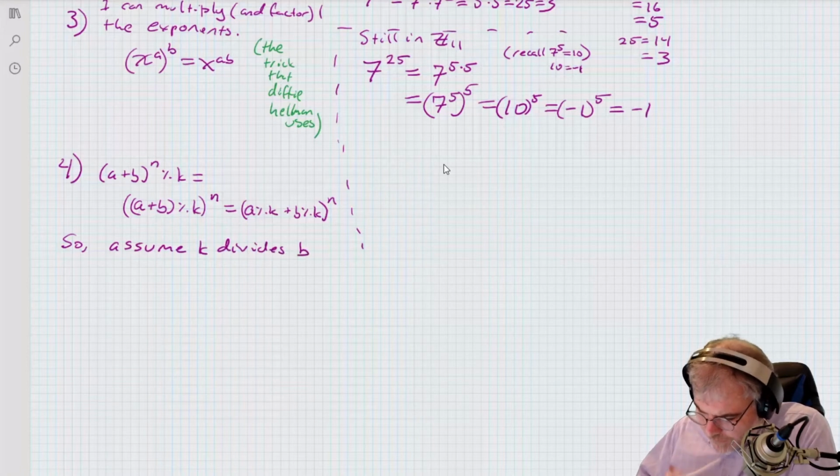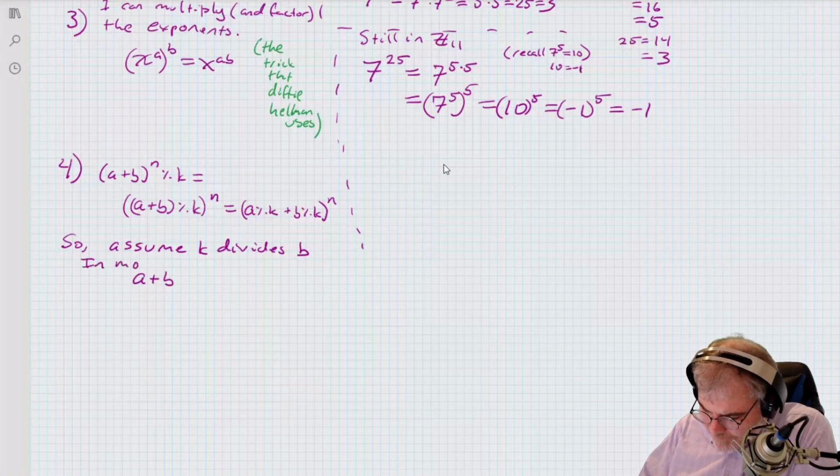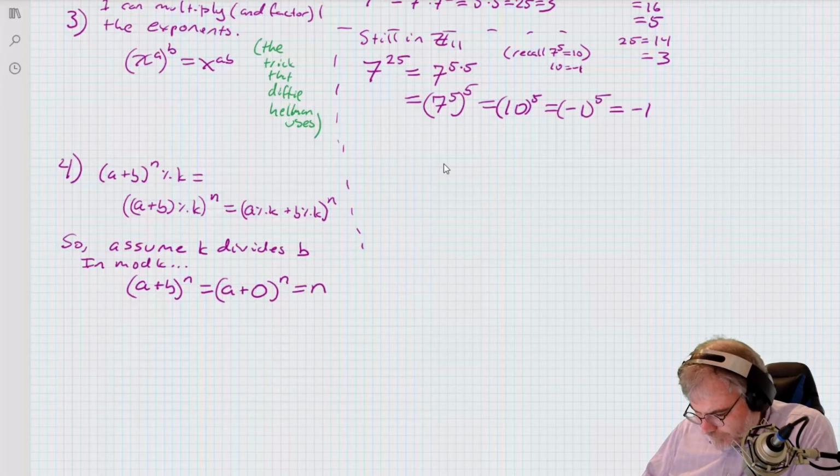All right, so look at what's going to happen. I wind up with A plus B, so in mod K, I wind up with (A plus B) to the n equaling (A plus 0) to the n, equaling, I'm sorry, equaling A to the n.